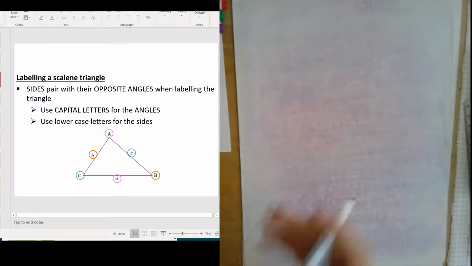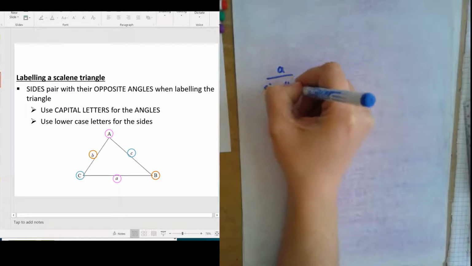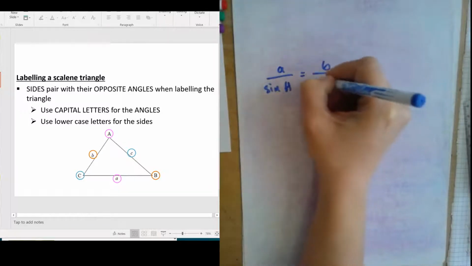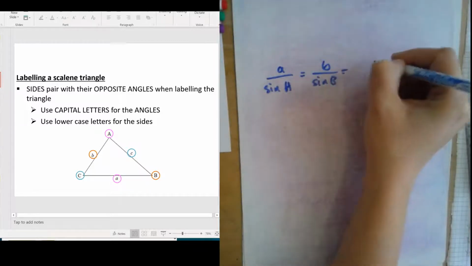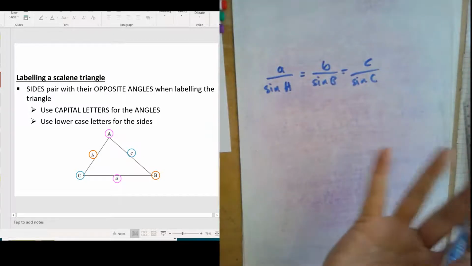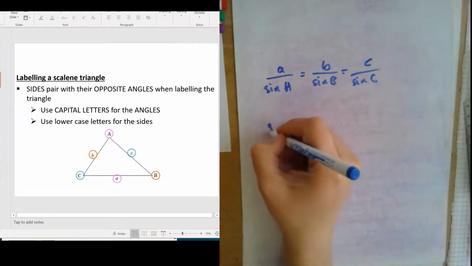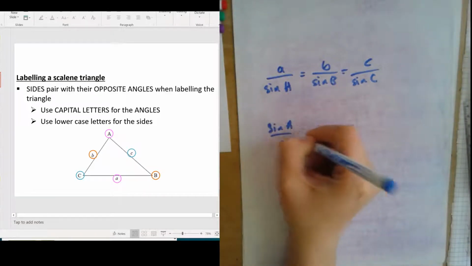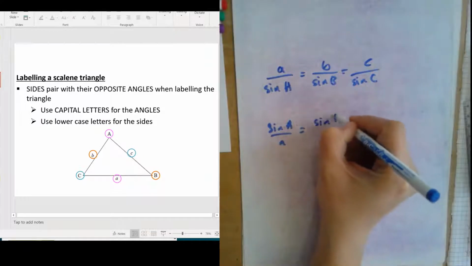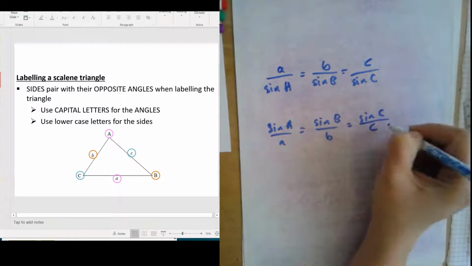which is next lesson. So the rule in itself is just a over sine A is equal to b over sine B, which is equal to c over sine C. If you have actually done a little bit of your own research, you might see that it says sine A over a, which is sine B over b, which is sine C over c.